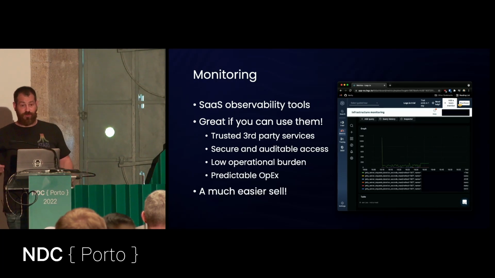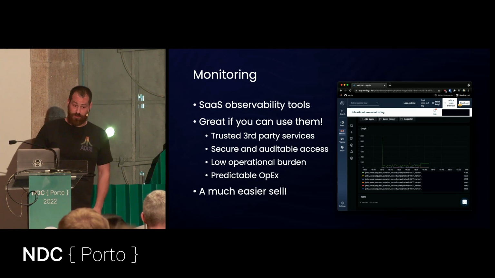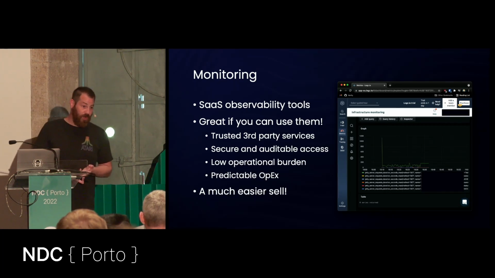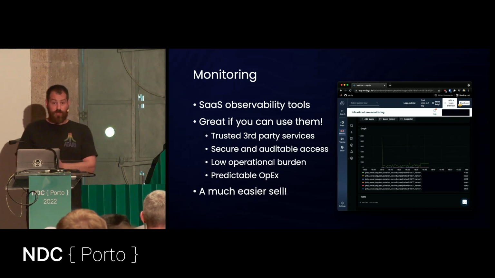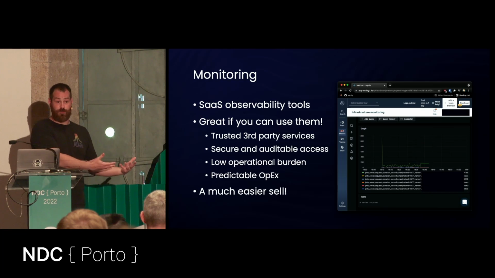It's a much easier sell if your customers are already using one of the very common third-party logging and metric services. Some common examples include Logs.io or CoreLogix or even CloudWatch. All of these tools you can leverage for your own benefit in a way that is a lot more accessible and a lot more acceptable to your customers, right?